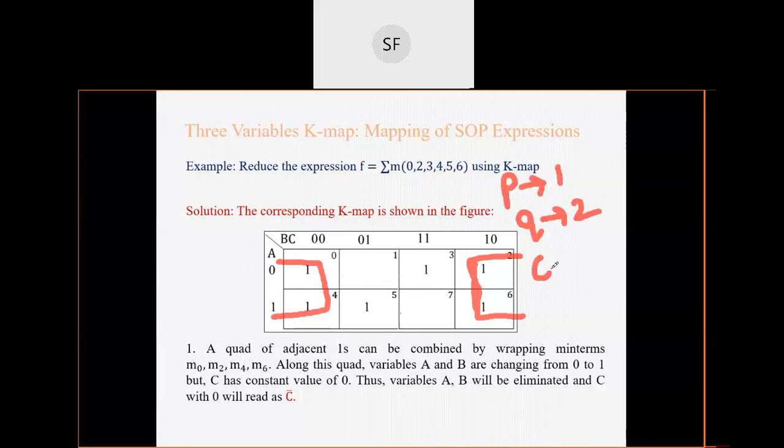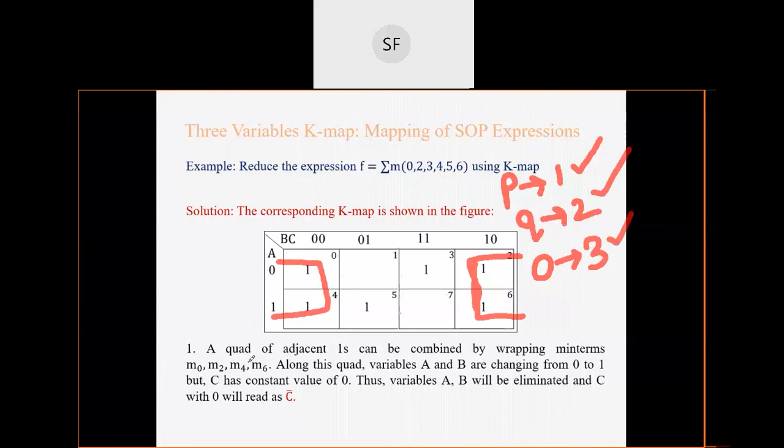When you are combining an octet, that is 8 cells, then 3 variables will be eliminated. So if you are doing pairing, then only one variable will be eliminated in minimization. If you are doing a quad, a quad will eliminate 2 variables and an octet will eliminate 3 variables.